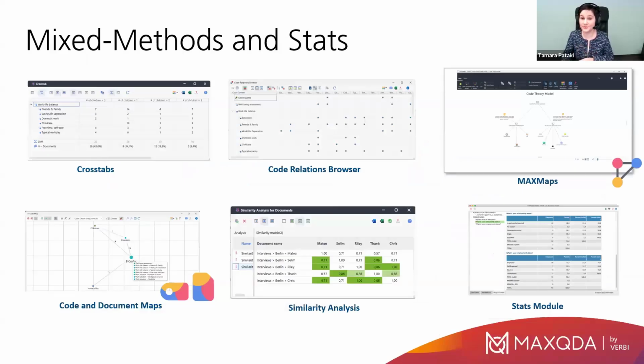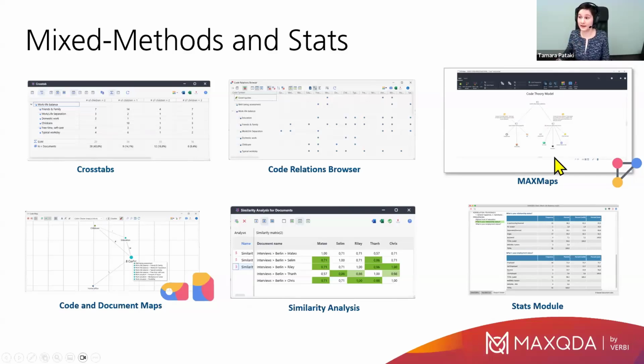Maxqda can also help you to create various outputs of the relationships of your documents, codes, and variables. We have a crosstabs feature that allows you to see how often your coded segments appear across different demographic groups. We also have a code relations browser that allows you to see the relationships between your qualitative codes.